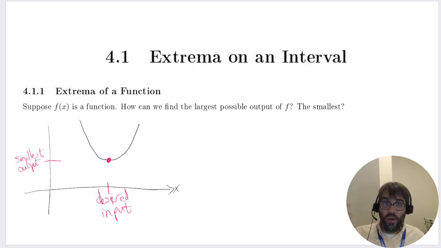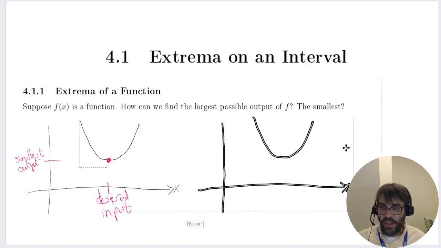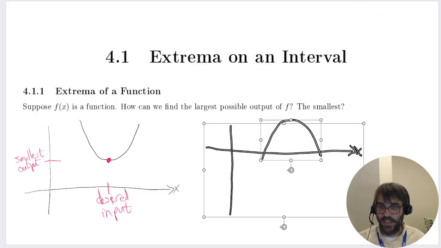Now, as it turns out, we're going to define things for maximum and minimum, but I do want to just show you something. If I take this whole setup here and I make a copy of it, and I just move it over here and I take the very same graph and I say, let's do something we can't do on a board. Let's just flip it upside down.